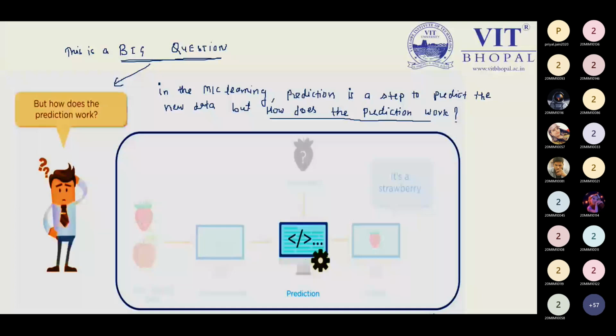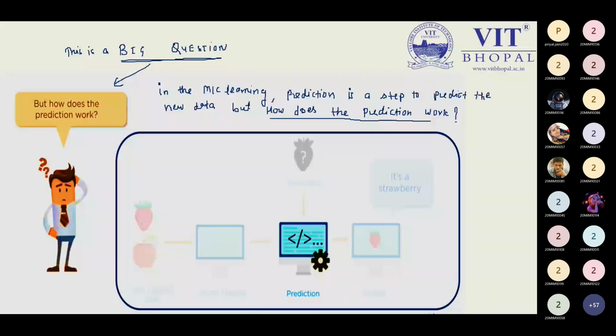In the support vector machine, you can apply the algorithm, and then you can just determine whether this newly inserted data belongs to this class or that class. But this is a big question a user or person must ask, or as a machine learner, I must ask: how the prediction will work?